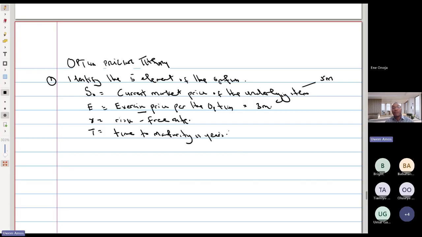The Black-Scholes formula requires the time to maturity in years. So if instead of the number of years, they give you the number of months, the time to maturity in years would just be the number of months divided by 12. And then finally, you determine the standard deviation.